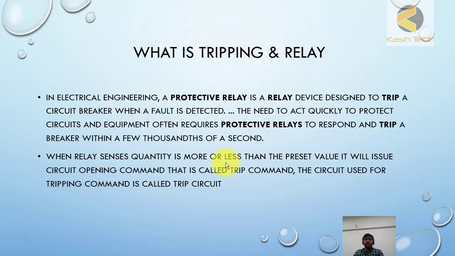When the relay senses a quantity more or less than the preset value, it will issue a circuit opening command that is called a trip command. The circuit used for the trip command is called the trip circuit.